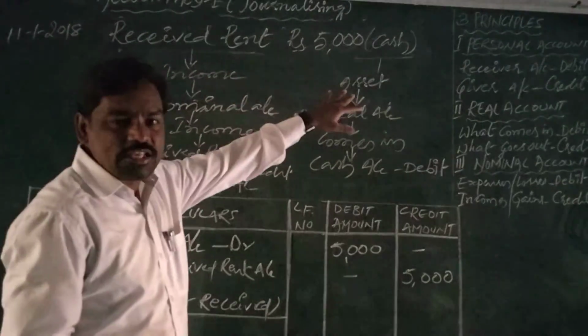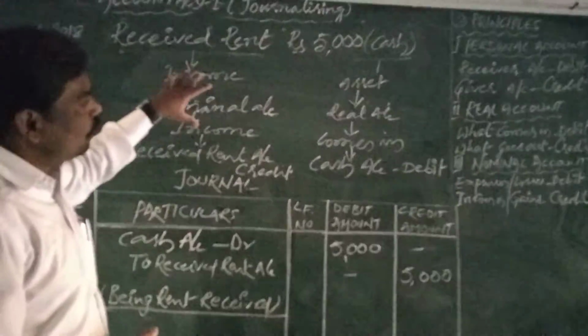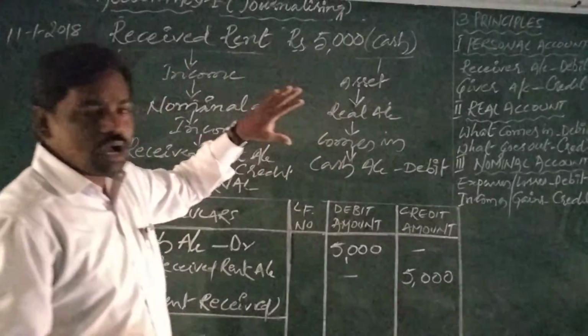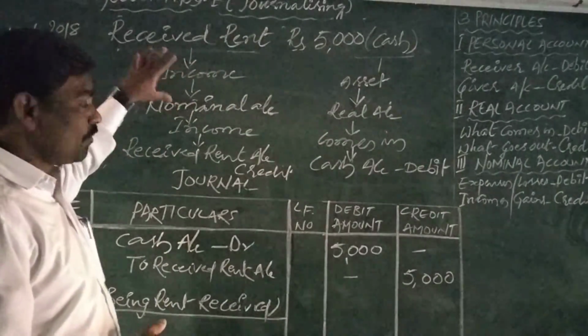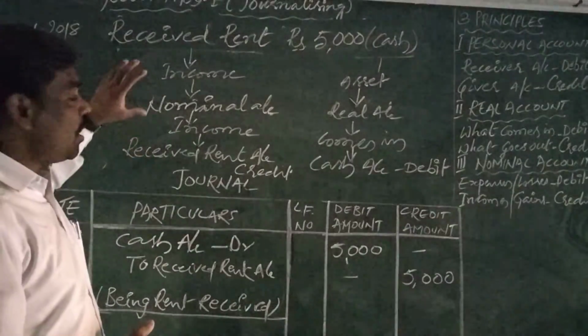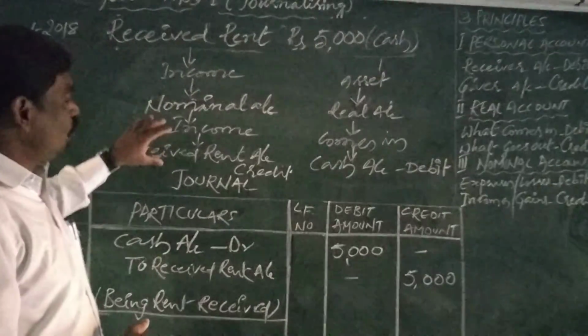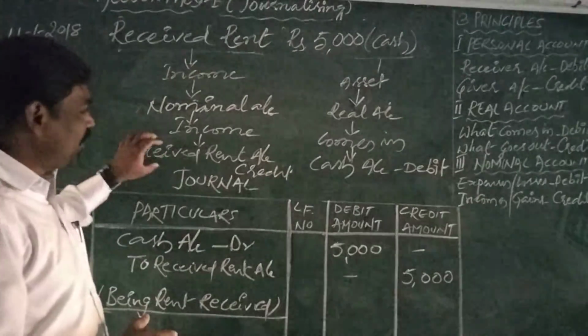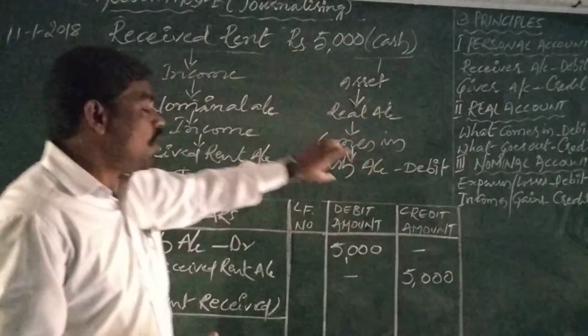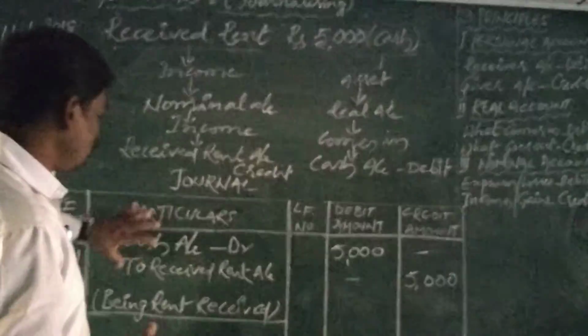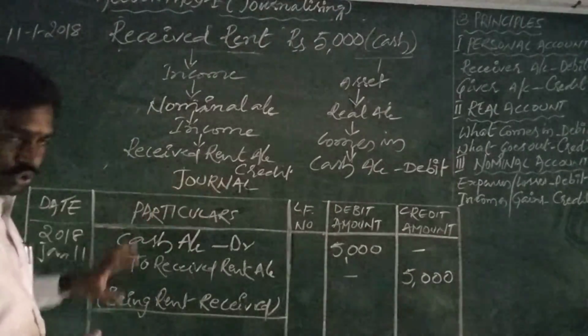After finding two aspects, you find the appropriate account of those aspects. After that, you apply the account principles. After that, you find the debit account and credit account. After finding debit and credit accounts, you can write the entry in the journal.